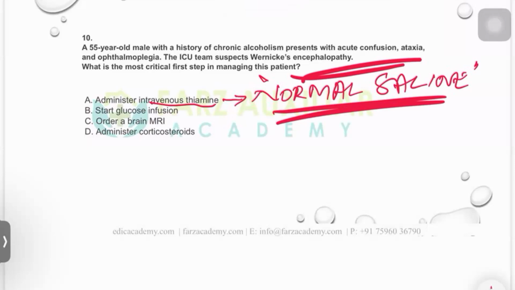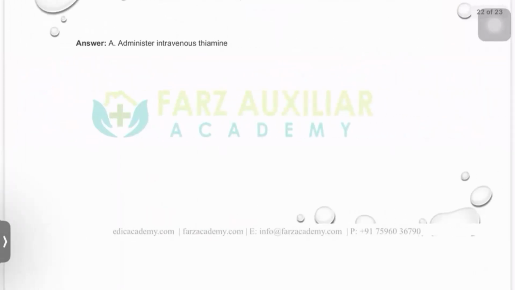Because if you give thiamine in glucose, the thiamine will go into utilization of the glucose that you have given, and the patient will remain encephalopathic. So first give thiamine, prepare the body for entry of glucose, and only then give glucose. Is that clear? Yes, sir.